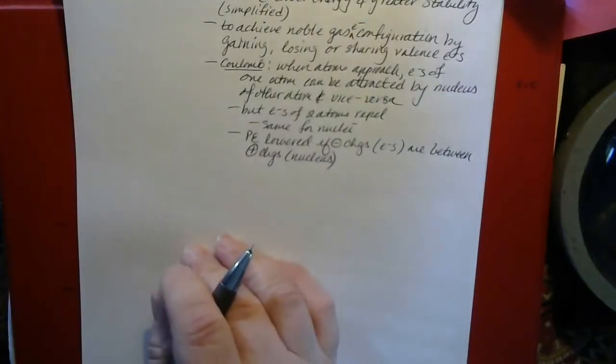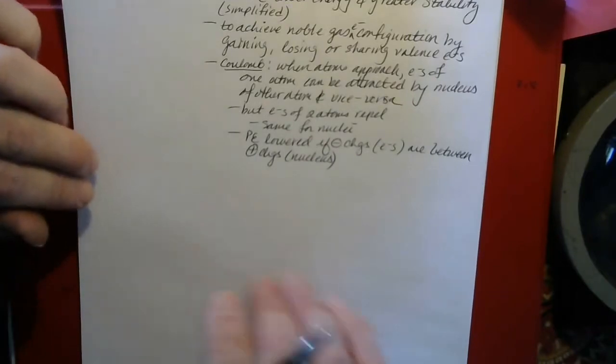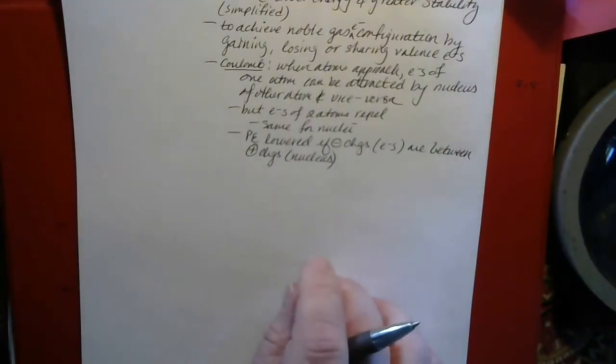And that is really what a covalent bond consists of: sharing of electrons between positively charged nuclei.